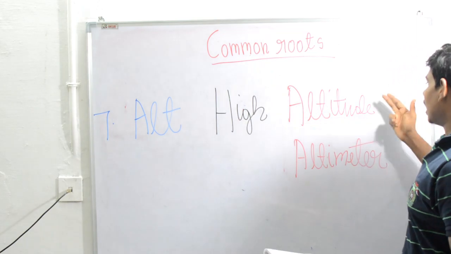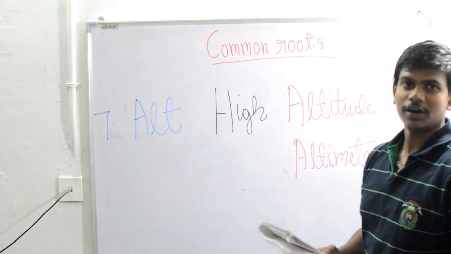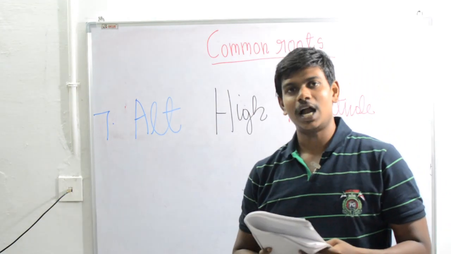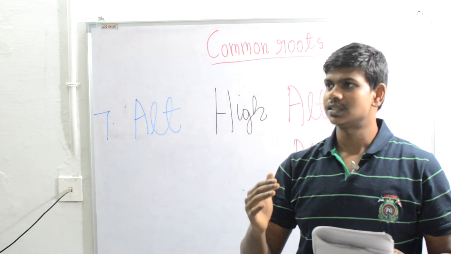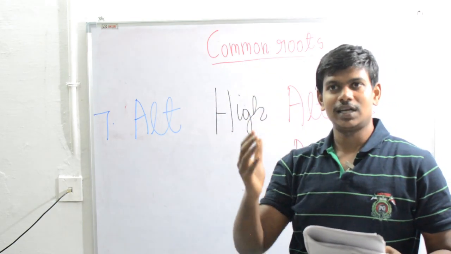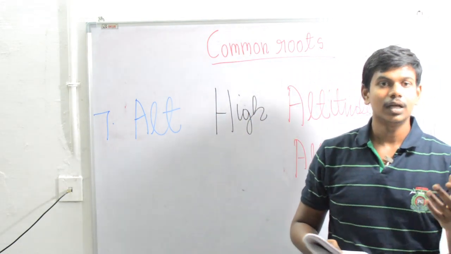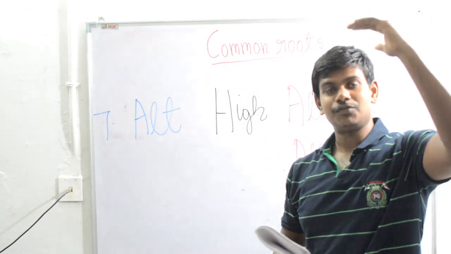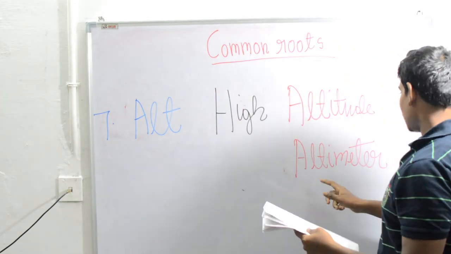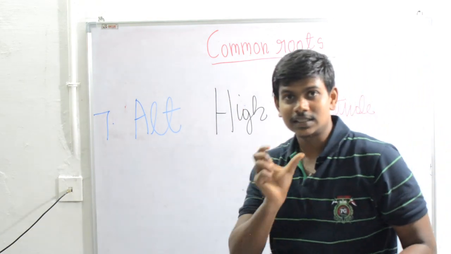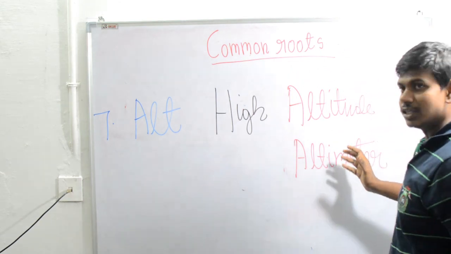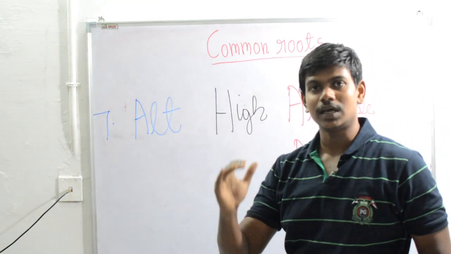The example is altitude. Geography lessons, we might have gone through altitude. Altitude means height. We measure a mountain's height, and we call all this altitude. For example, the Himalayas might be like 20,000 feet altitude. I'm not exactly sure about the value. So the second word is altimeter. Alti is height and meter is a device for measuring something. So altimeter means an instrument for measuring height.